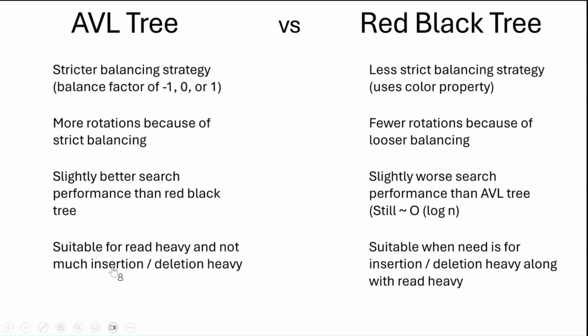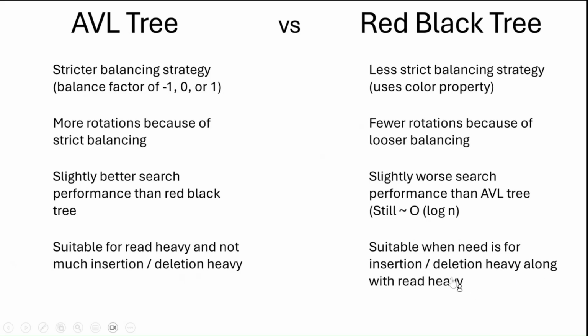That's why if insertion and deletion are less, but read is very high, then AVL tree is suitable. The red black tree provides the balance between search and insertion. So it is suitable when the requirement is insertion heavy or deletion heavy along with read heavy.